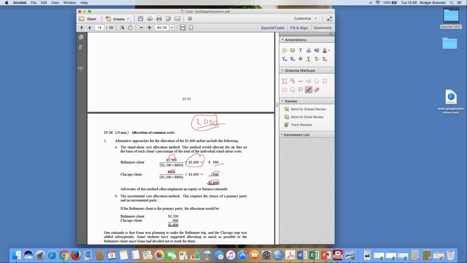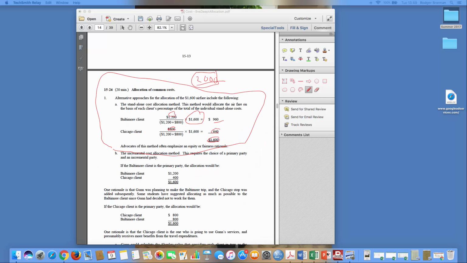And the perception from most people, 99% of the people, is that this is fair, I'm not going to argue with this. Because number one, we're saving money, they're not charging as much as they could, and the way they went about doing it is inherently fair. It is not complicated. The standalone or the proportional method is very simple to do.